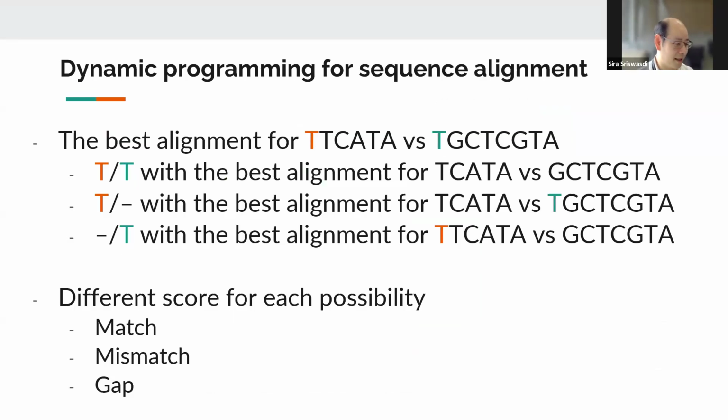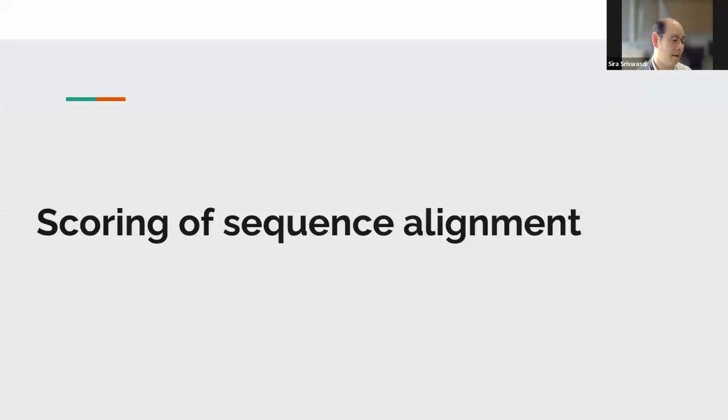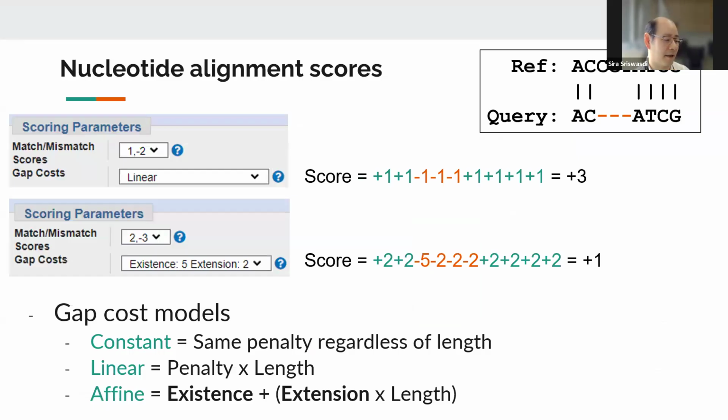We want to consider the score that we are going to use for the matches, for the mismatches, and for the gaps. How do computer scientists define this for us? So the scoring of sequence alignment: if you go to the NCBI website to perform BLAST, there will be options for the scoring parameters, and this is for nucleotide alignment.